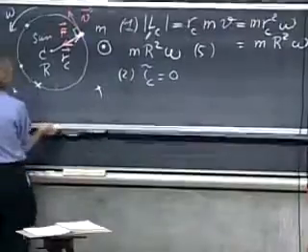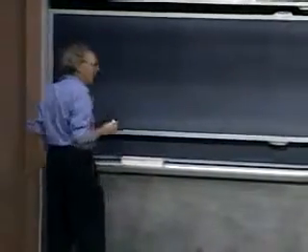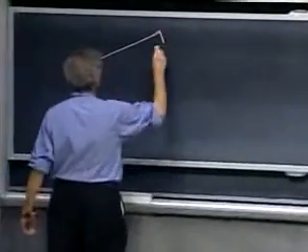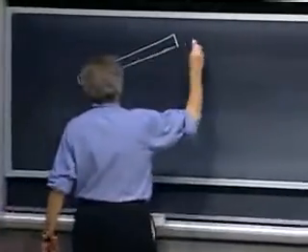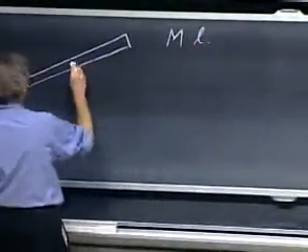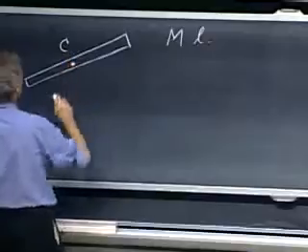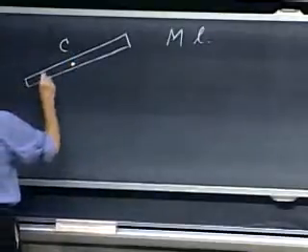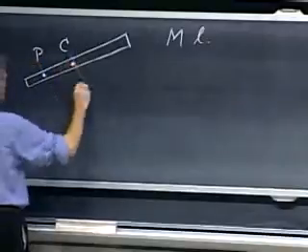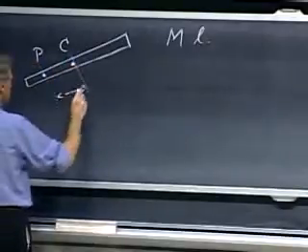Now I take another example, whereby angular momentum is only conserved relative to one point, but not to any other point. I take a ruler or a rod, and the rod had mass m and length L, and C is the center of mass of that rod, but I force it to spin about point P. And this distance is d.